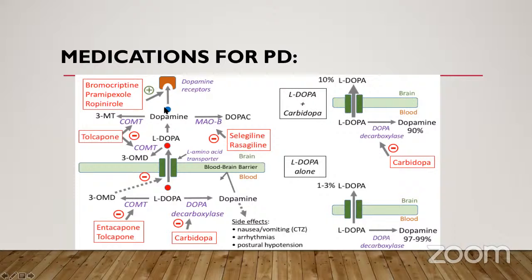When the dopamine reaches its final destination, the dopamine receptors, we have some medications that work as dopamine agonists, which are bromocriptine, pramipexole, or ropinirole. And also we have some medications that target the dopamine receptor.